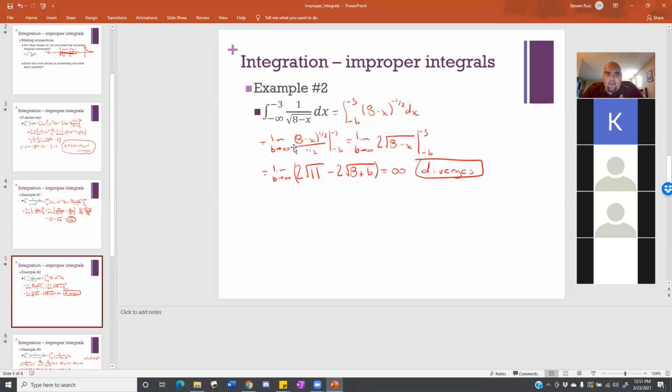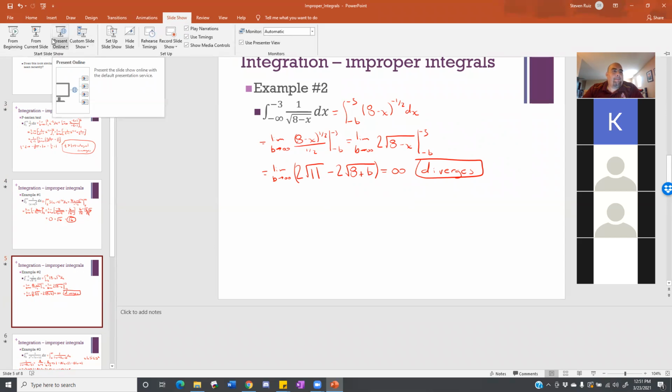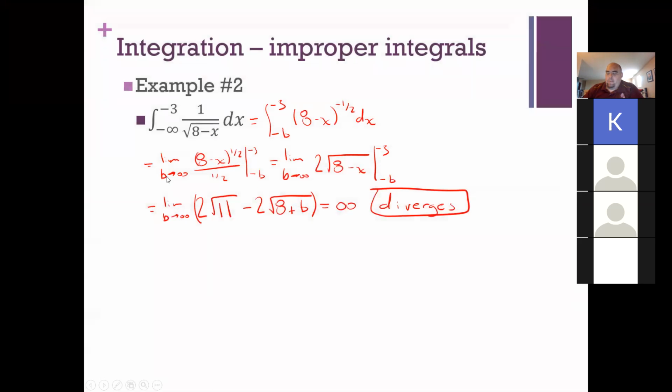So let's talk about this in terms of derivatives. If I had x to the, and we're just looking at the exponents, let's do that. If I was going to take the derivative of x to the 1/2, what would that be? 1 divided by 2 times the radical of x.